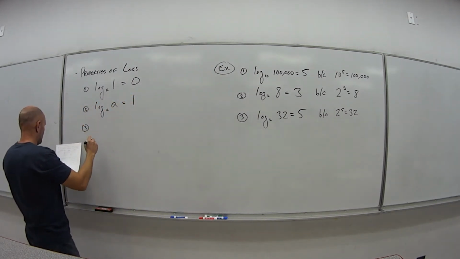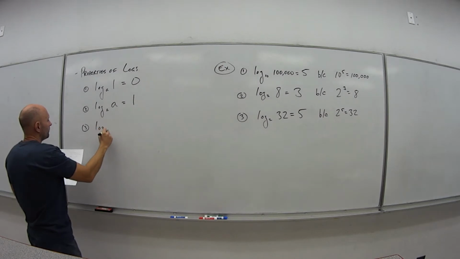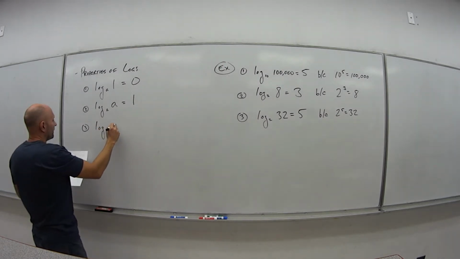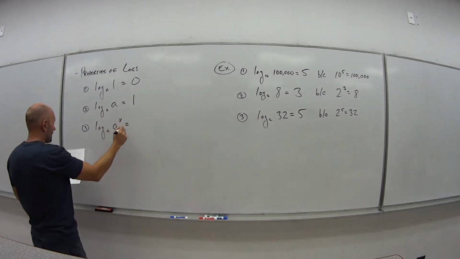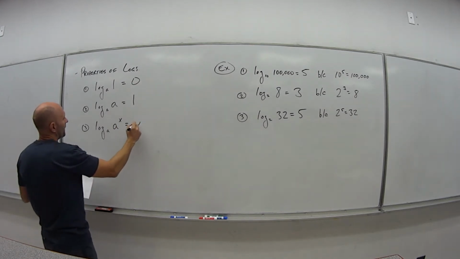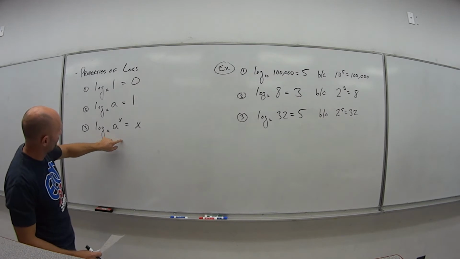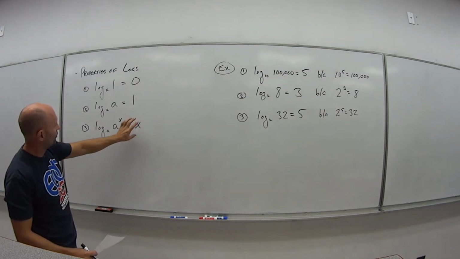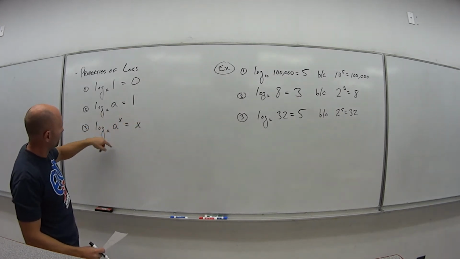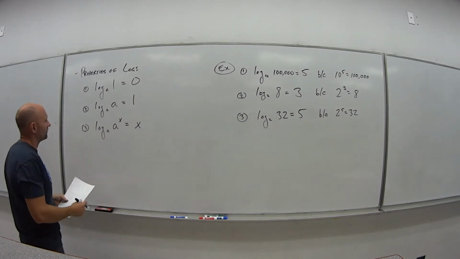The next property we have, log base A of A to the x power simplifies to x, which makes sense, right? If I was to move this around and say A to what power gives me A to the x, well, that would have to be the value of x itself.